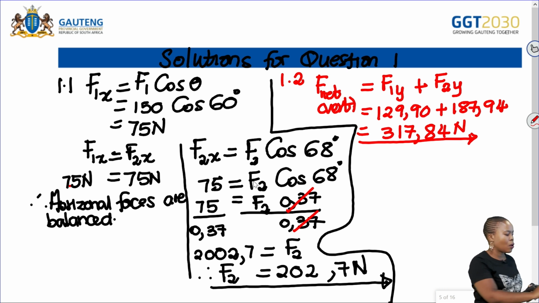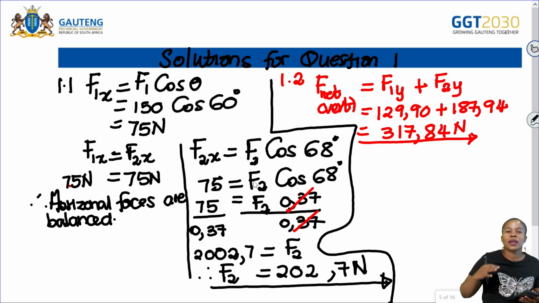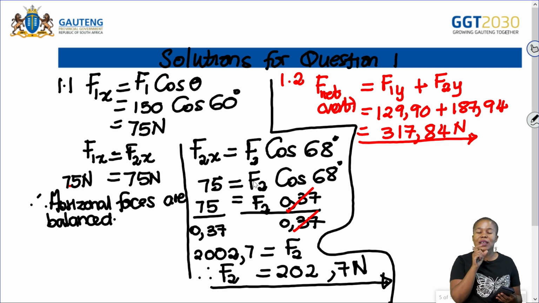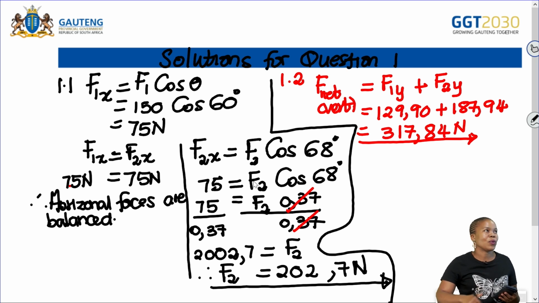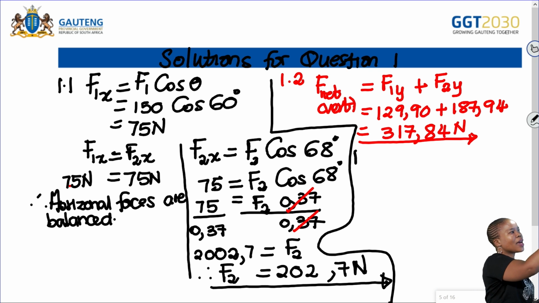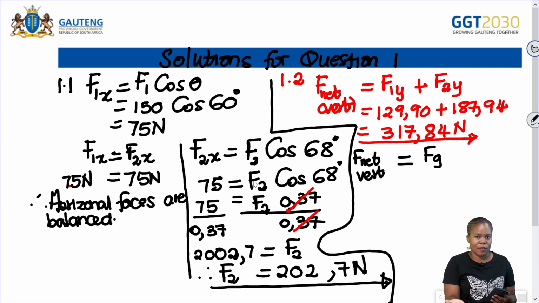Now that we know that the object is not falling down and not moving up, we should be able to find it because we are equating the force acting upwards and the one acting downwards. So at the top, we've got your F net vertical equal to your Fg, which is your gravitational force.